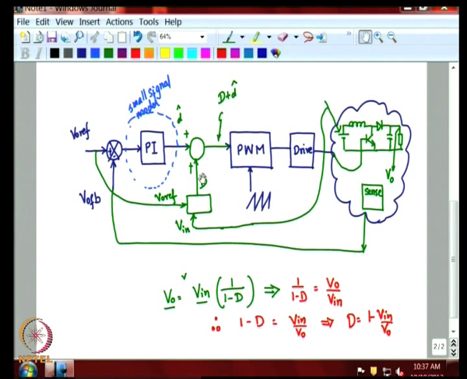Therefore, now I will try to show the boost converter in SPICE.